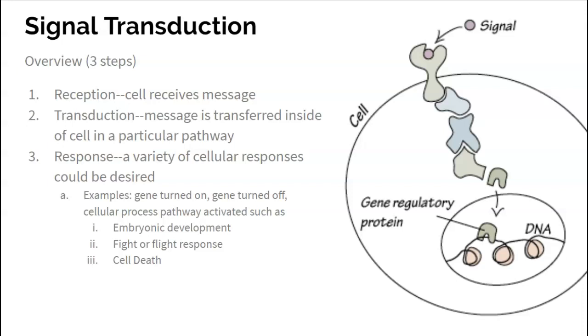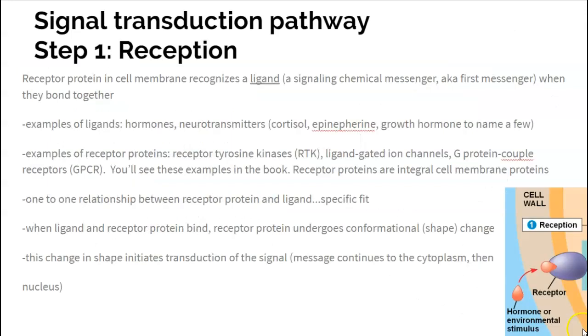What is the cell going to do because it's gotten this message? We just talked about how oftentimes it's a gene getting turned off or turned on. It can also be some kind of different cellular process that's activated. It could be apoptosis. It could be certain things develop or proliferate, any number of things. Again, we're going to go into each one of these three in more detail right now.